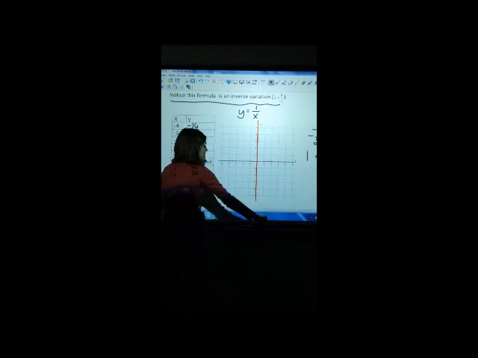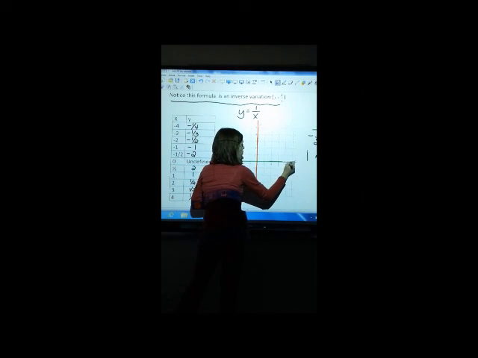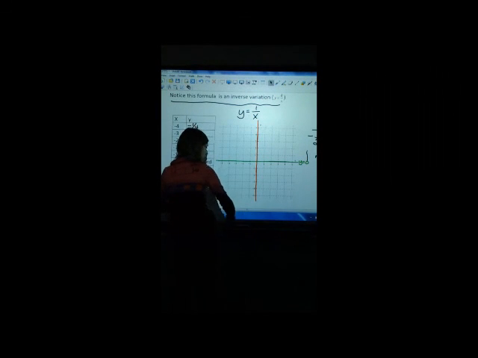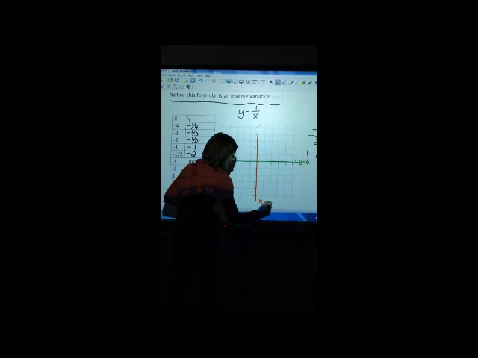So there's another asymptote. We have a new asymptote. It's called a horizontal asymptote, and it's y equals 0. So we have a horizontal asymptote, y equals 0. We have a vertical asymptote, x equals 0. This graph's going to look really different than what you're used to.